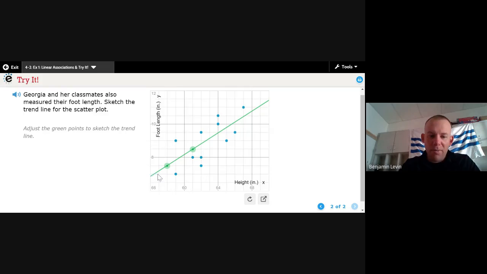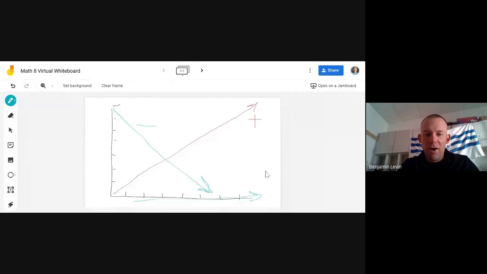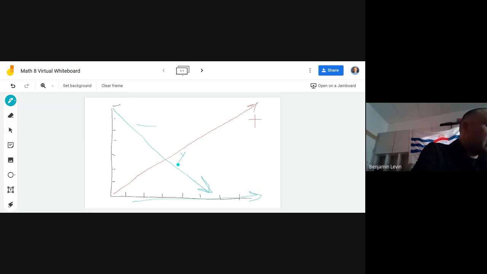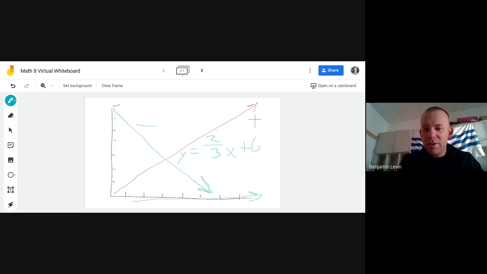So my equation could be y equals 2/3 x plus 6.8, right? That would be an equation that represents this green line.